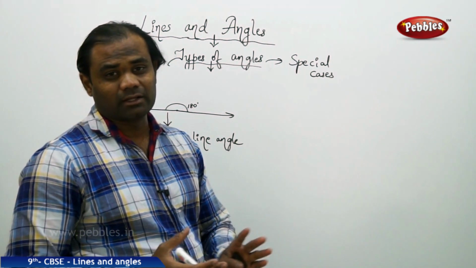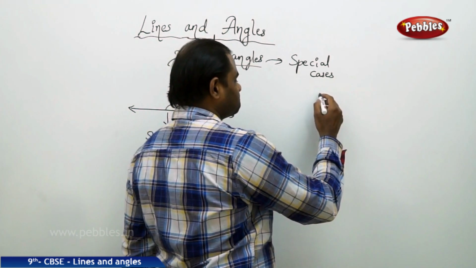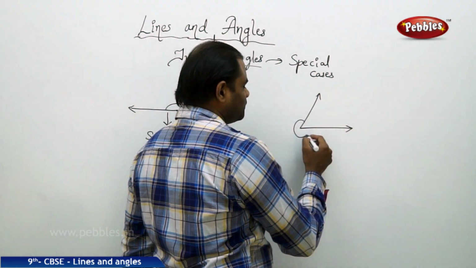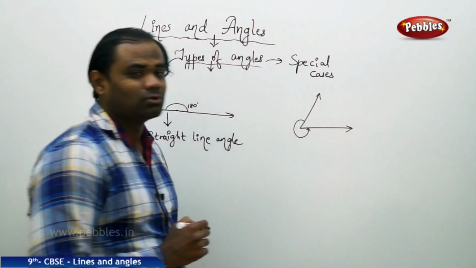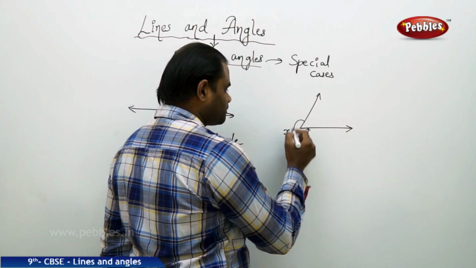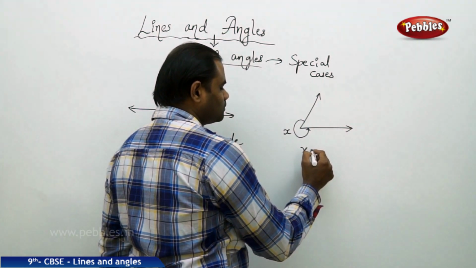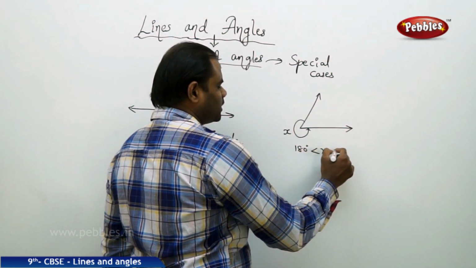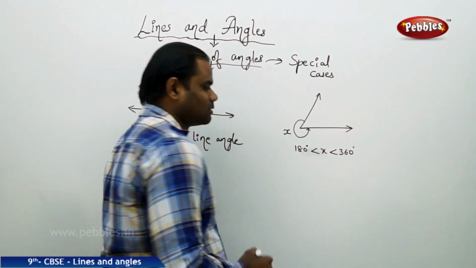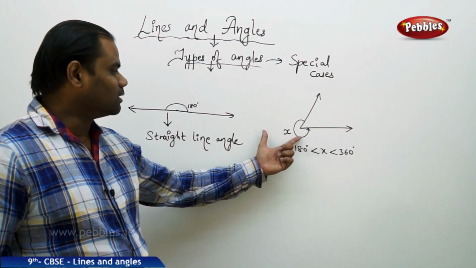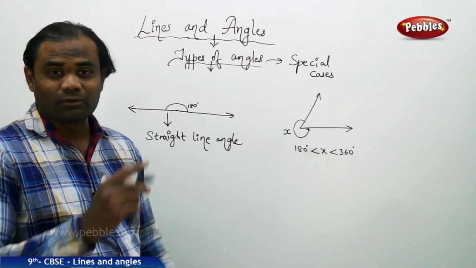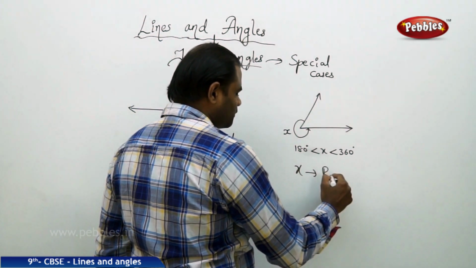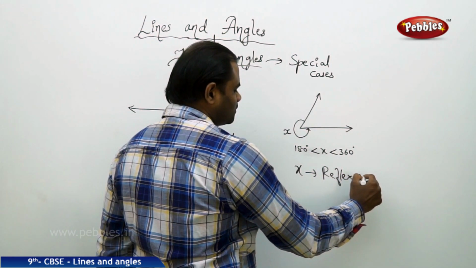Similarly, what happens if the angle is more than 180? Say for example, I have an angle, this, which is more than 180. So I have this to be between 180 and 360. So here I have an angle more than 180 and less than 1 full circle. In such a case, x is called a reflex angle.